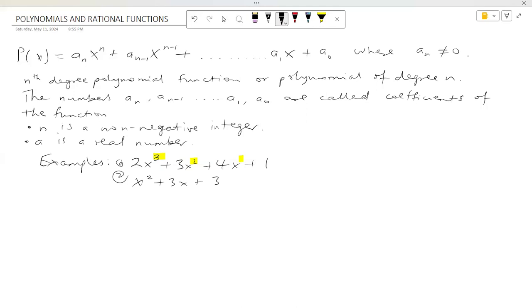Because of the square term, this is a special case of polynomial, which we call the quadratic function, or we can say quadratic expression. Now this first one, which has a cube, is also a special case of polynomial, and that will be referred to as a cubic function or cubic expression.